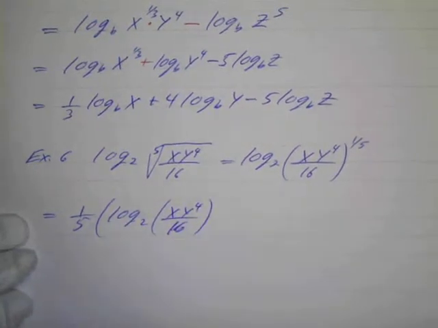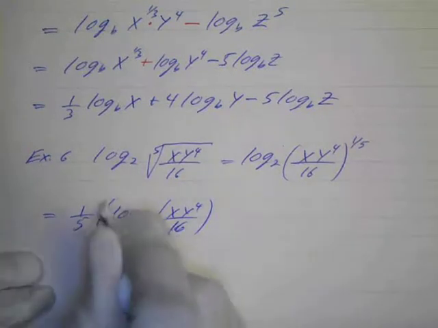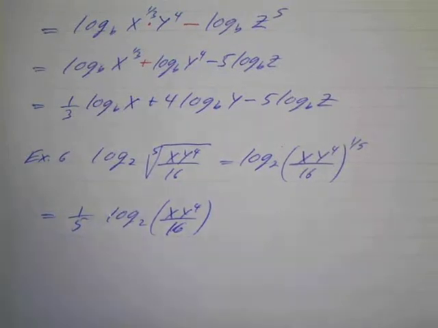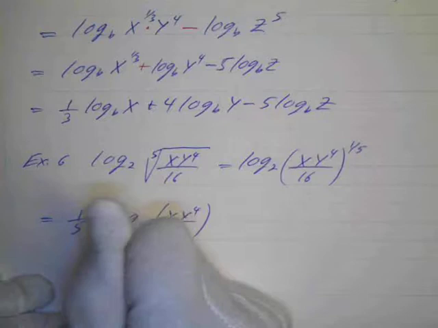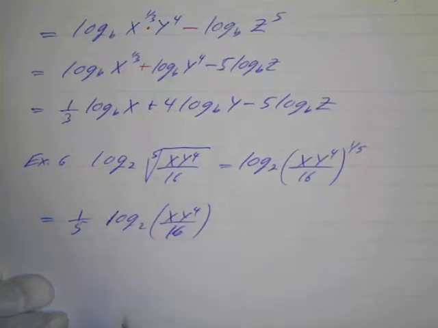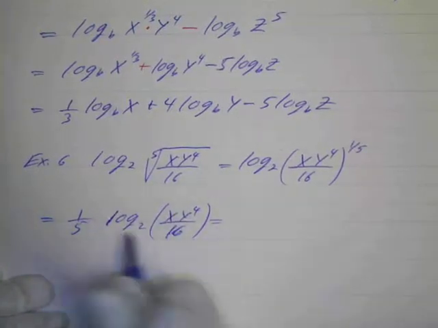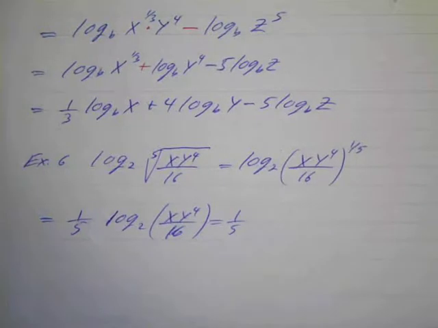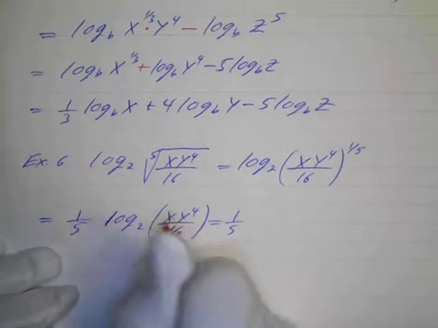I don't really need that parentheses, I was thinking of something else there. I'll need it at the end, but not right now, so I can just get that out of there. So just 1/5 times that. Okay. And then I can break this up, so that's going to be 1/5. And now this is going to be the log of a difference, so now I'll need the parentheses here.